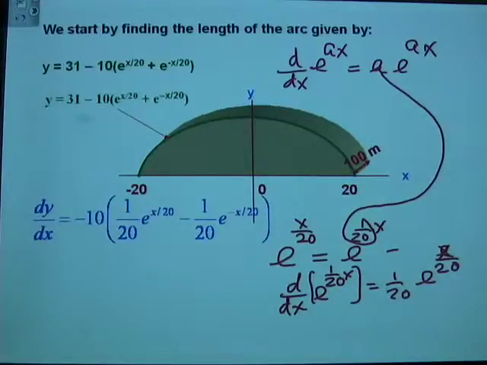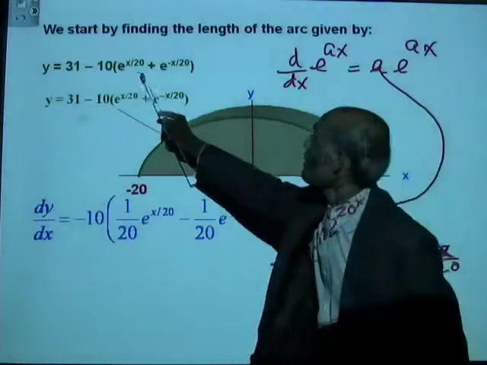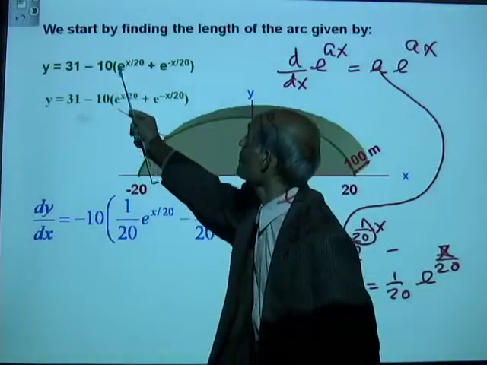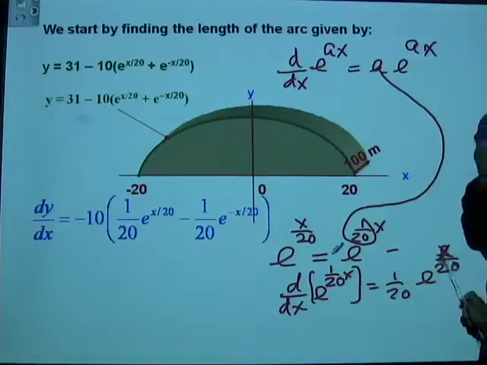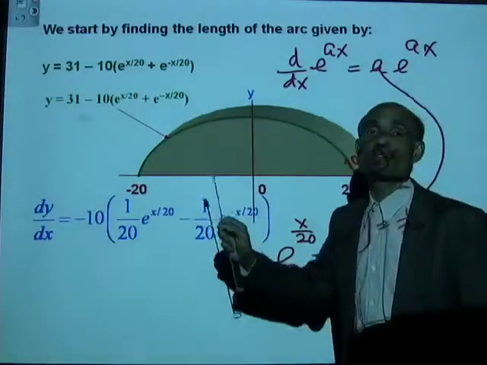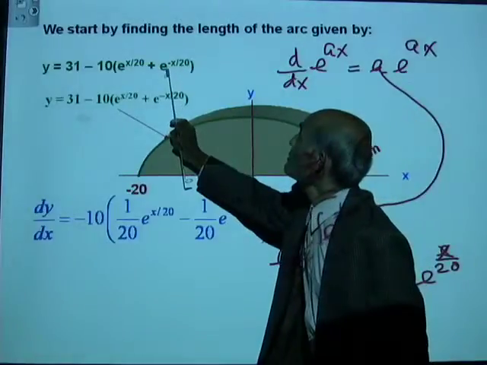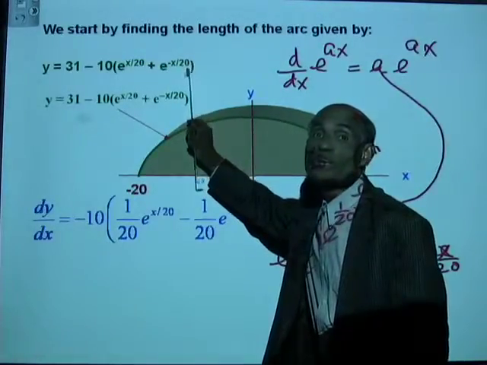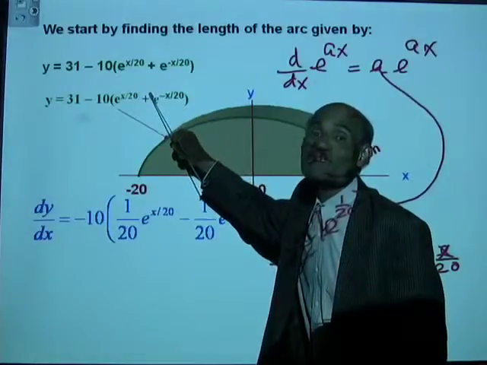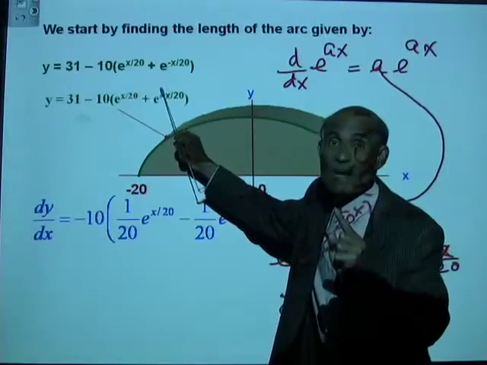Is that right? So the derivative of e to the power of x over 20 will be 1 over 20 e to the power of x over 20. Similarly, the derivative of e to the power of negative x over 20 will be negative 1 over 20. So that negative sign will come there.